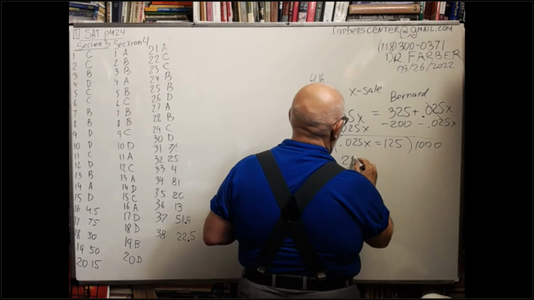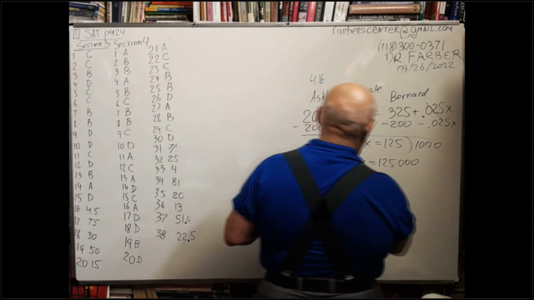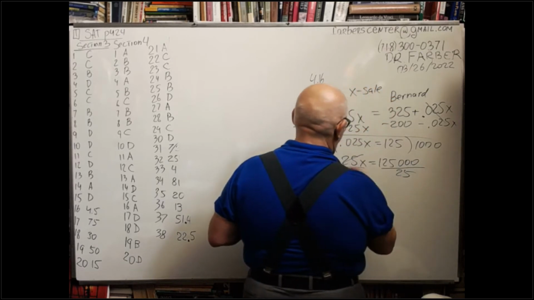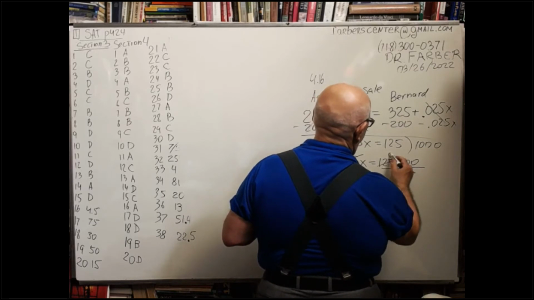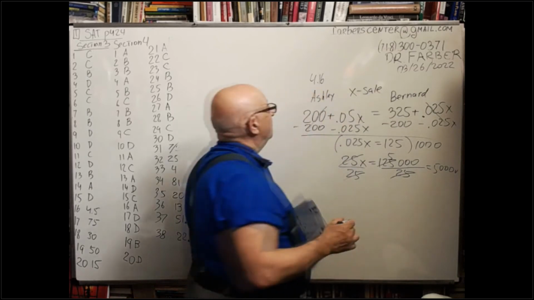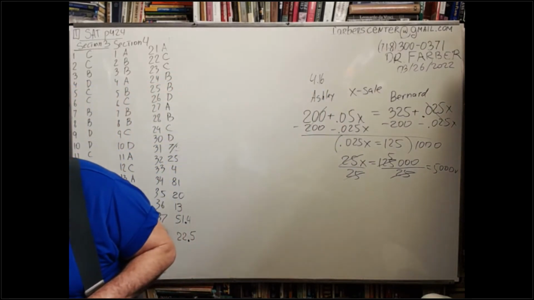You get 25x equals 125,000. Divided by 25: the 25 goes into 125 five times. You get 5,000. Okay, this was not a difficult question as well, right? That was 416.